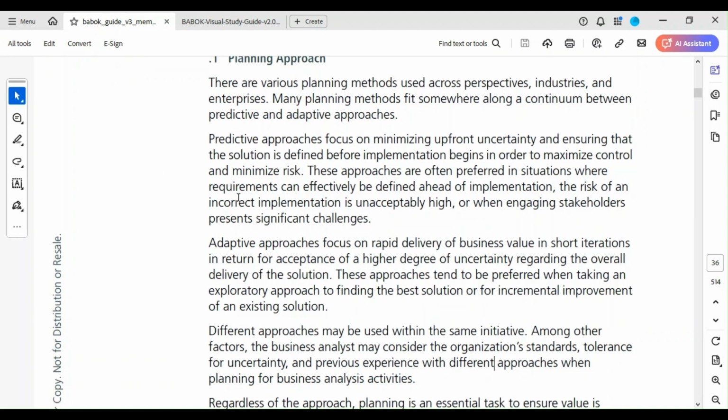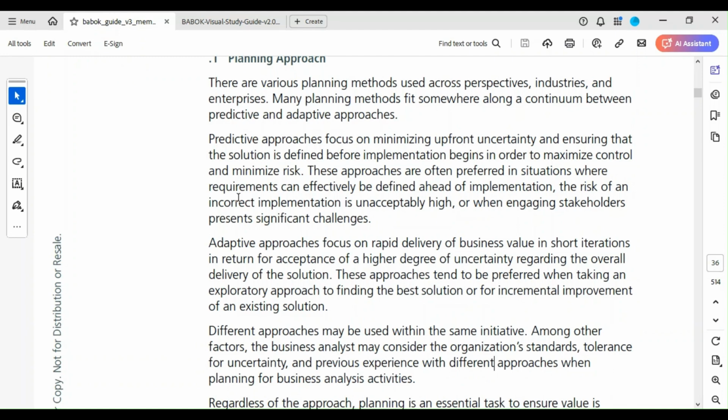There are various planning methods across industries and enterprises. Many planning methods fit somewhere along a continuum between predictive and adaptive approaches. Predictive is the waterfall, adaptive is the agile. So predictive approaches focus on minimizing upfront uncertainty and ensuring that the solution is defined before implementation begins in order to maximize control and minimize risk.